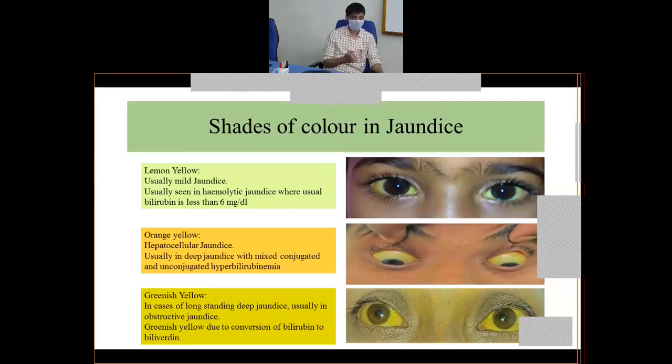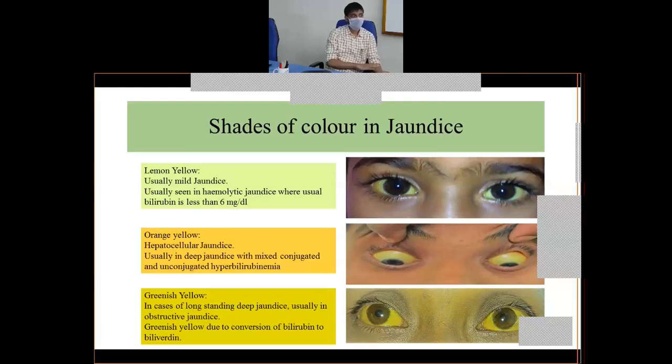Then greenish yellow. When a person has had jaundice for a long period of time, especially obstructive jaundice, CBD stone, or any malignancy involving the hepatobiliary system, you may get a very high bilirubin that is present in the body for a longer period of time. Once the bilirubin is present for a longer period, the exposed area gets oxidized on contact with the air.